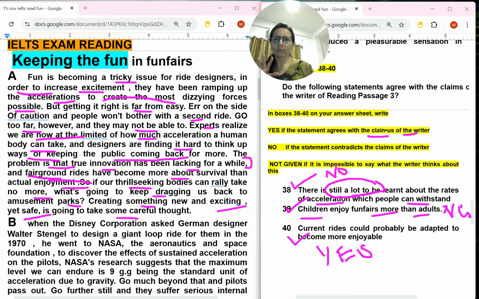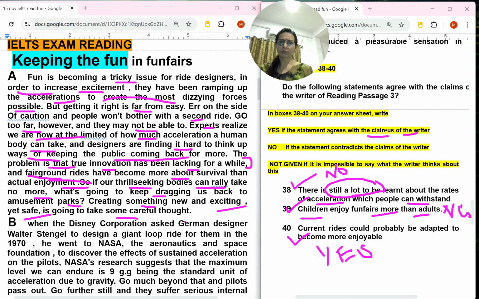First sentence: the problem is that true innovation has been lacking for a while. Till now, new innovation has been lacking, and fairground rides have become more about survival than actual enjoyment. For that, they are saying, this line also: current rides could probably be adapted to become more enjoyable.